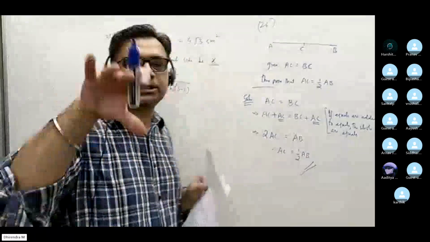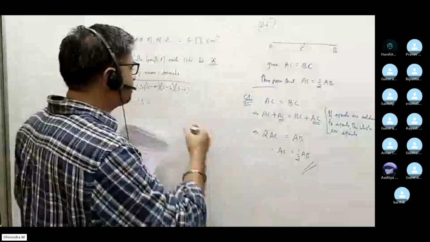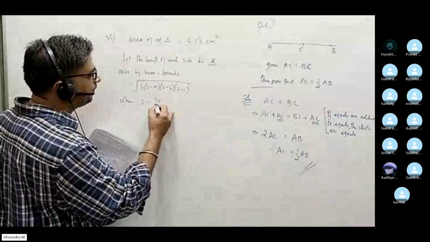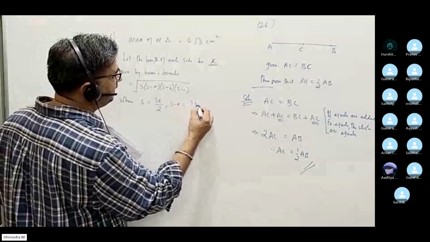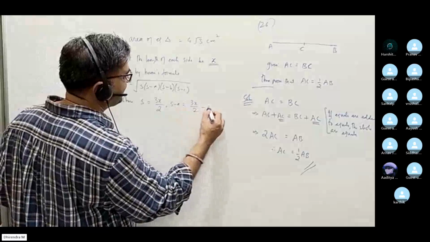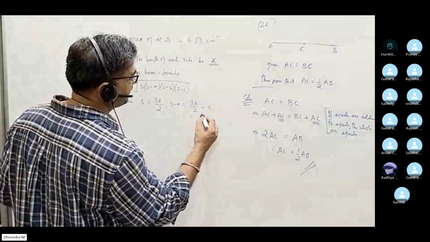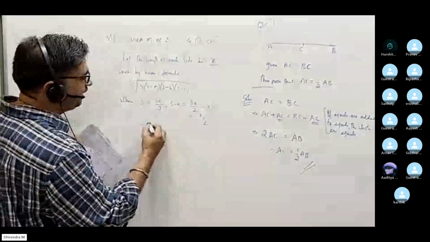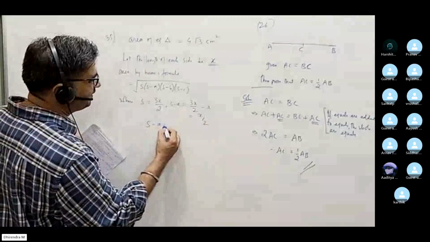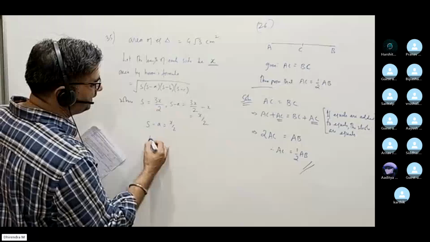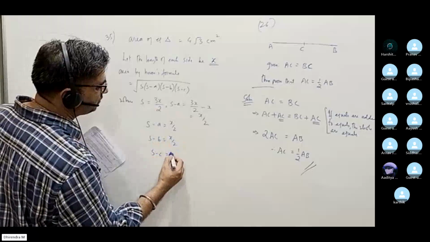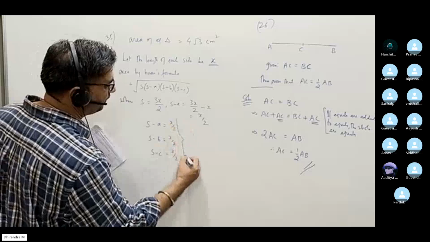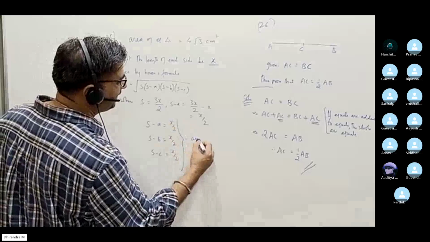If each side is X, then the semi-perimeter will be X plus X plus X by 2. So it becomes 3X by 2. S minus A will be 3X by 2 minus X, and that equals X by 2. So S minus A is equal to X by 2. S minus B is equal to X by 2. S minus C is also equal to X by 2.